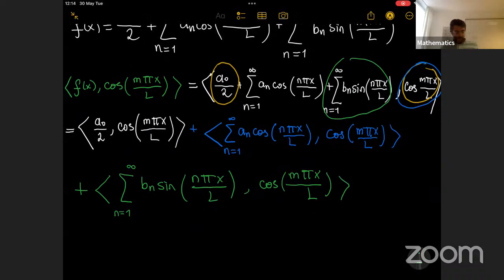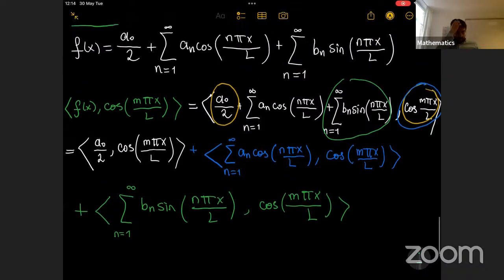The first one here, a0 over 2 and cosine m pi x over L, okay, what is it?